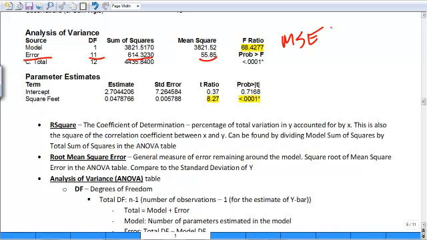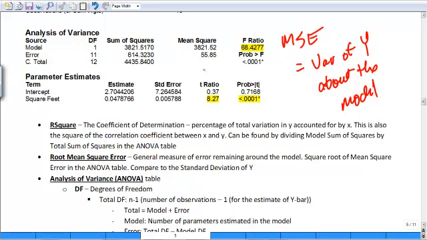And you can think about the mean squared error as the variance of the model, or the variance of y about the model. And from the mean square, we get the F statistic by dividing the mean square model by the mean squared error. 3821 divided by 55.85 gives us this F ratio.